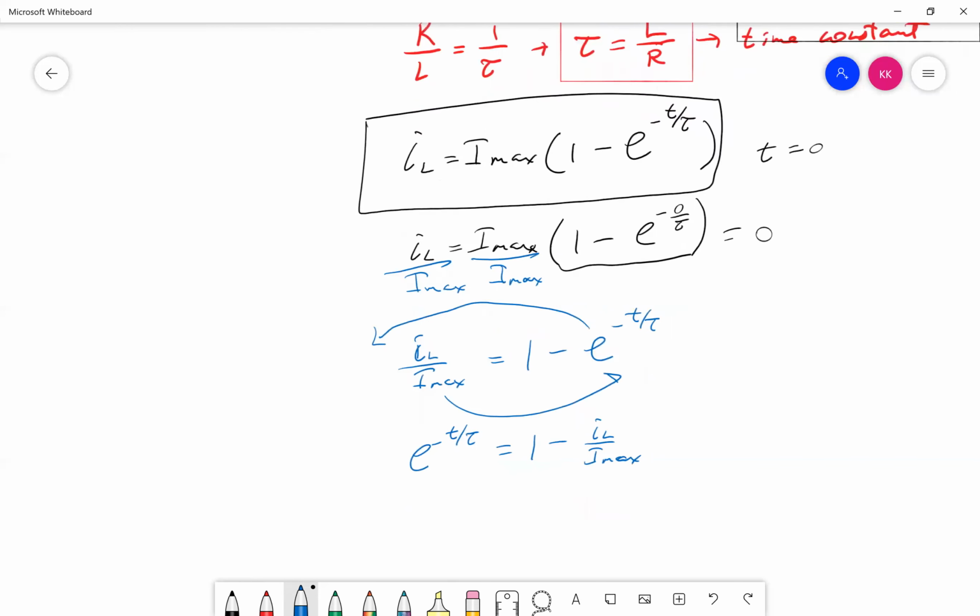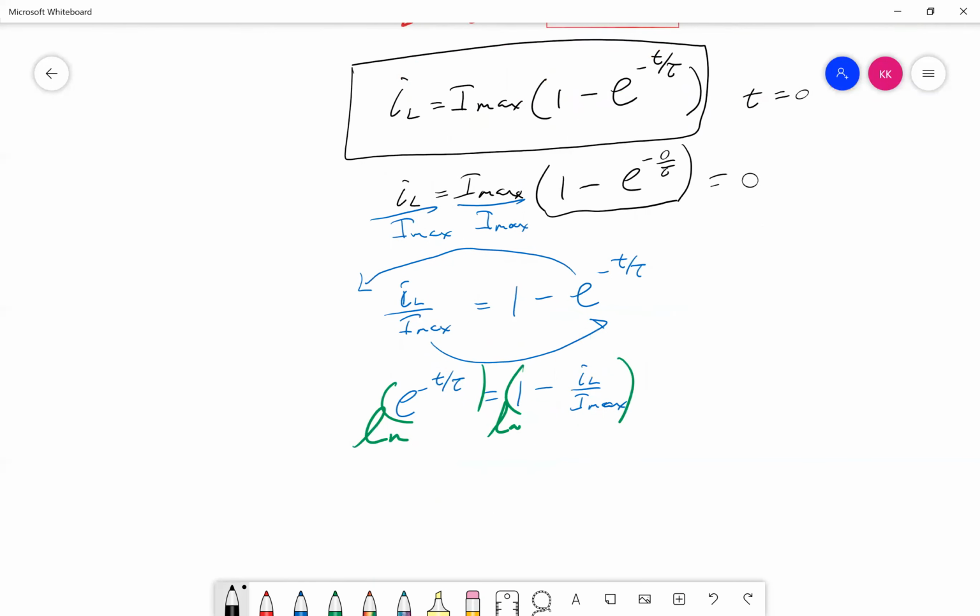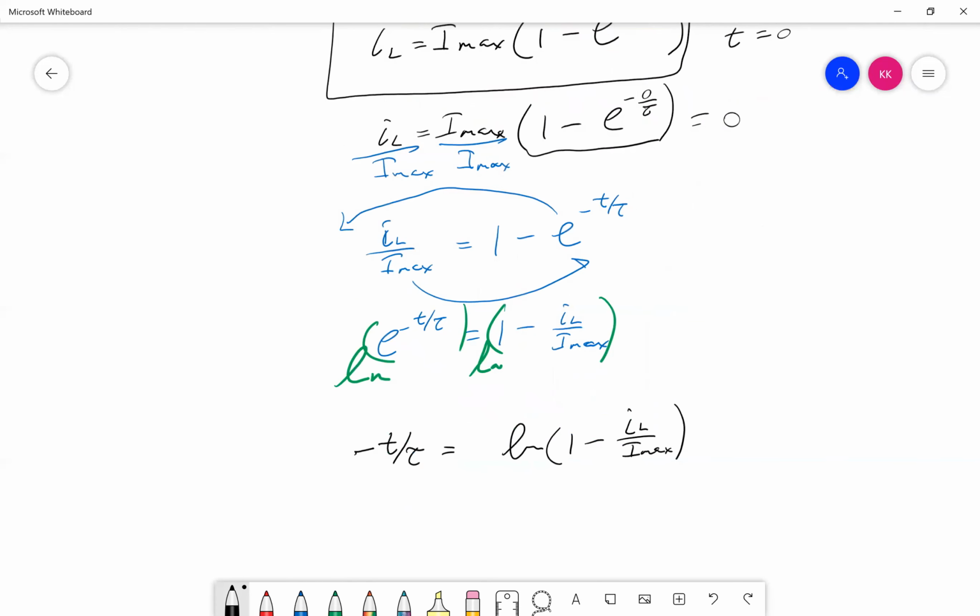Then taking ln of both sides, negative t over tau equals ln of (1 minus IL over Imax). Solving for t, t equals negative tau times ln of (1 minus IL over Imax).